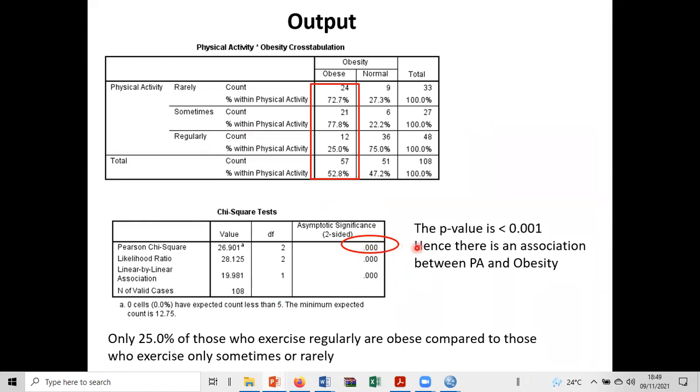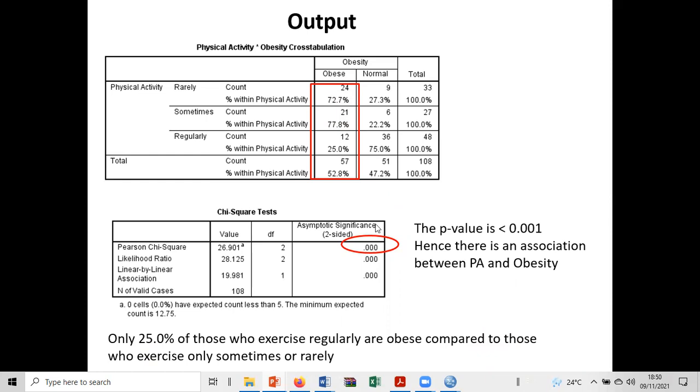Next question, how? We refer to the table. Only 25% among those who exercise regularly are obese, compared to 70% among those who exercise only sometimes or rarely.